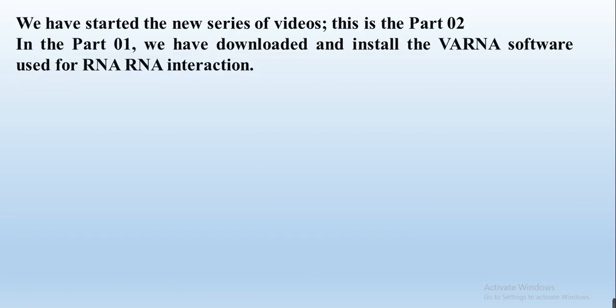We have started a new series of videos and this is the part 2 video. In part 1, we downloaded and installed the VARNA software, which is used for 2D visualization of RNA-RNA interaction, or the interaction of microRNA with our gene of interest.